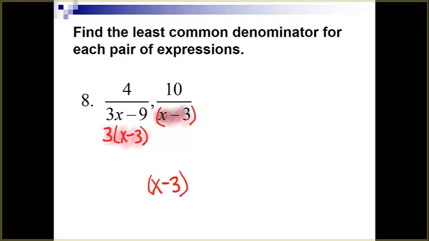I have a 3, and that's the highest exponent that I see of each one of them. So that means this common denominator would be 3 times x minus 3. Done. And the last couple, it happens to be that one of the expressions carries the entire common denominator. That can happen sometimes.